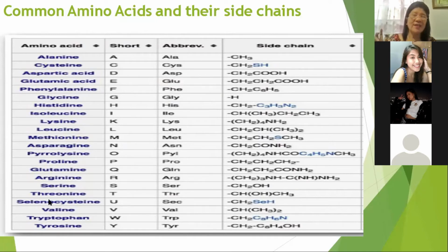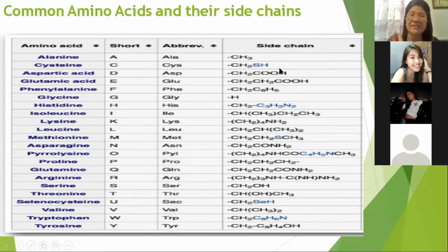Okay? For the cysteine, it has what? Short C, then CYS. Then the side chain on the other side has a sulfhydryl, a sulfur group. That is cysteine. Then aspartic, oh, it can't be A because that is alanine, so it was given D. D, not B. That is aspartic. It has an abbreviation of ASP.